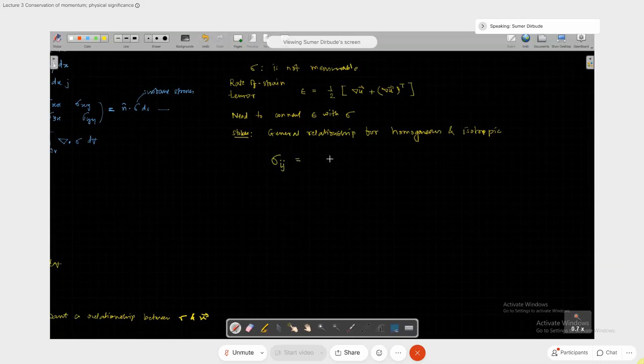Sigma ij is equal to negative p_d plus lambda epsilon kk delta ij plus 2 mu epsilon ij.